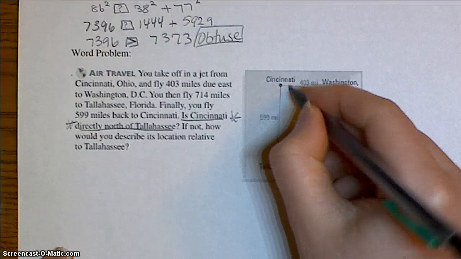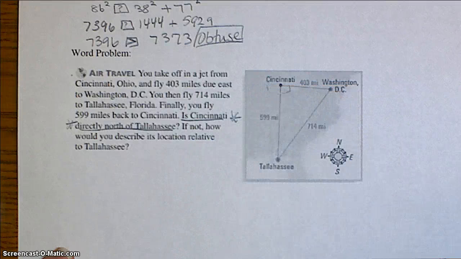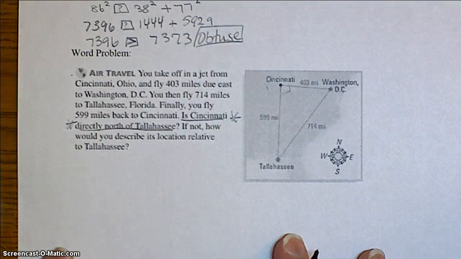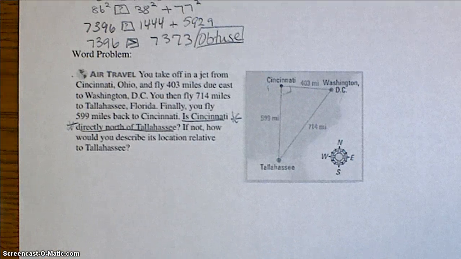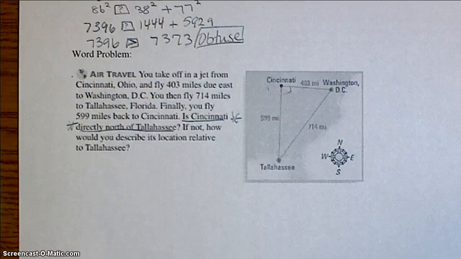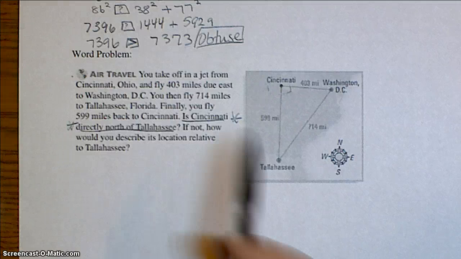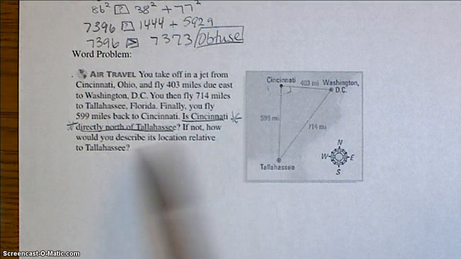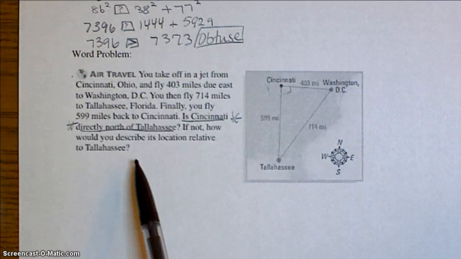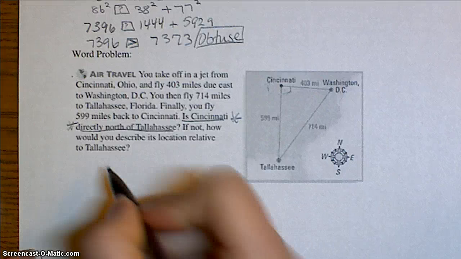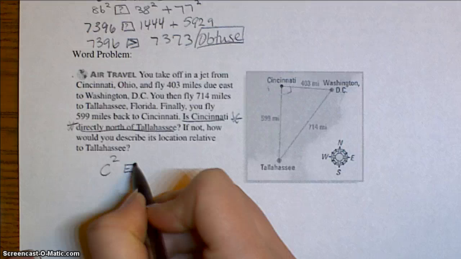They're really asking you, is this a right triangle? Okay, so what you should be doing is test the Pythagorean theorem to see if it comes out to be true, and if it does, then the answer is yes, it's a right triangle, so therefore it's directly north of Tallahassee.